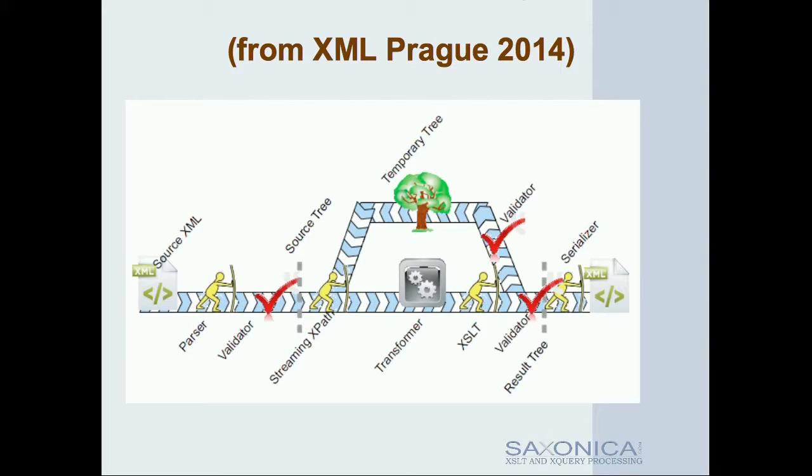Whereas pull mode says the consumer of data is in control and tells the supplier of data, give me some more. So this is supply-driven rather than demand-driven. The streaming XPath engine pushes the events along to the transformation engine, the XSLT. There can be another validation path out here, and finally you push events to the result tree. And the result tree itself isn't a tree. It's bypassed. The result events are pushed directly to the serializer, which outputs them as lexical XML. So that's the architecture of the streaming code in Saxon.